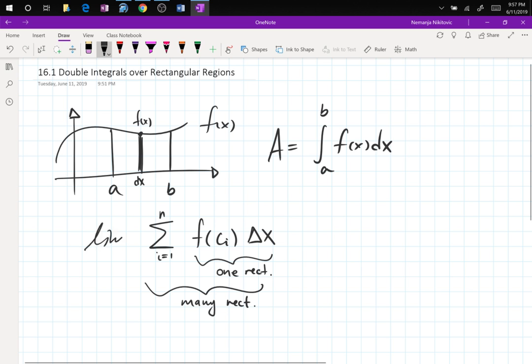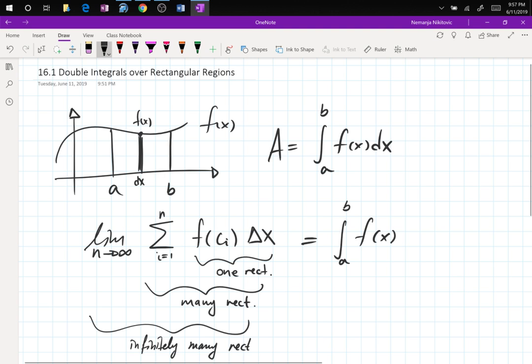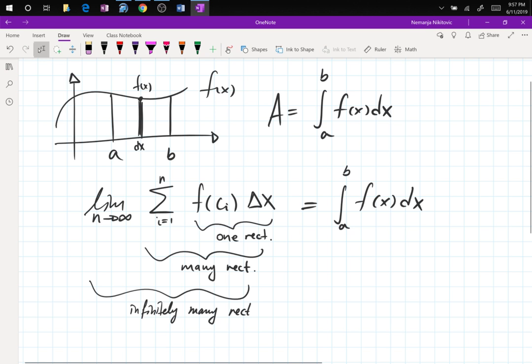Then you finally hit the limit as n goes to infinity, which is infinitely many rectangles. That was what we called the Riemann sum, f of x dx. So when you have a function f of x with a one-dimensional input x, when you integrate, you have the height times the width, and you get the area.